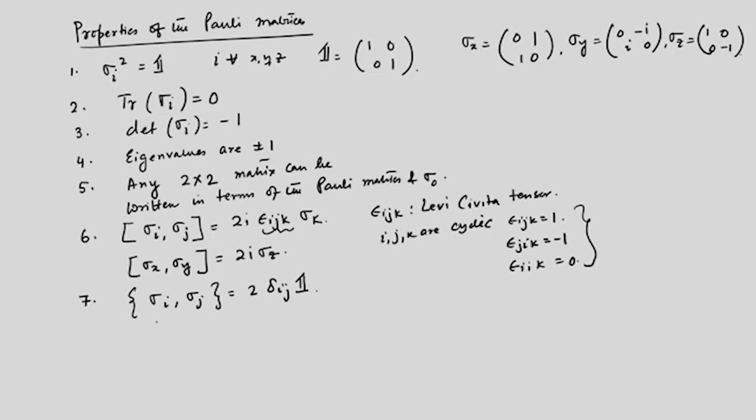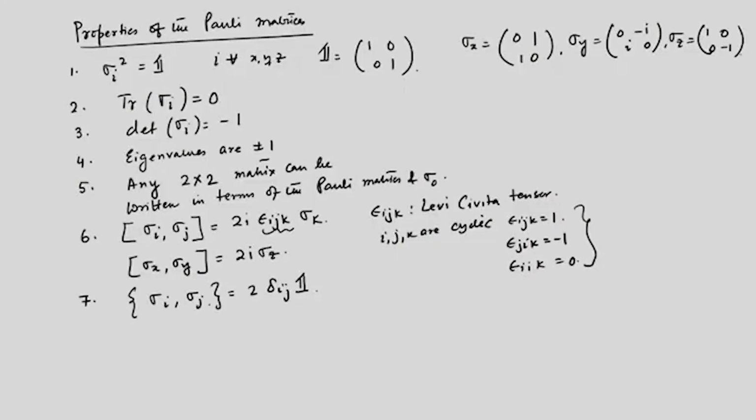So for sigma x and sigma y, this is equal to 0, and for sigma x with sigma x, or sigma y with sigma y, it is equal to twice the identity matrix. We have already seen that sigma x square, sigma y square or sigma z square is equal to 1. So you are adding two of them, sigma x square plus sigma x square, which should give you 2. That is another property.